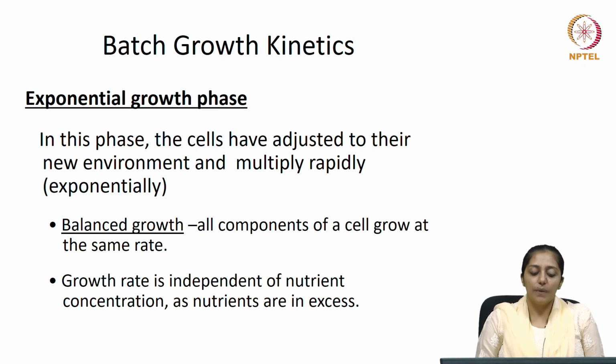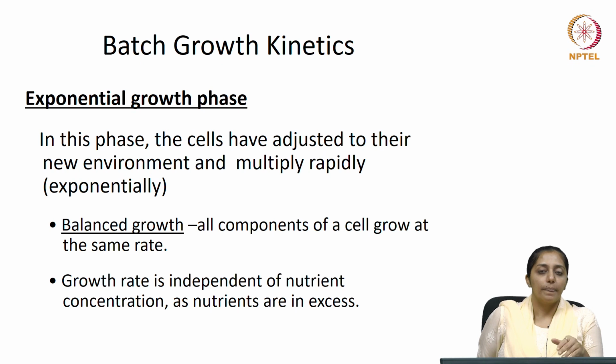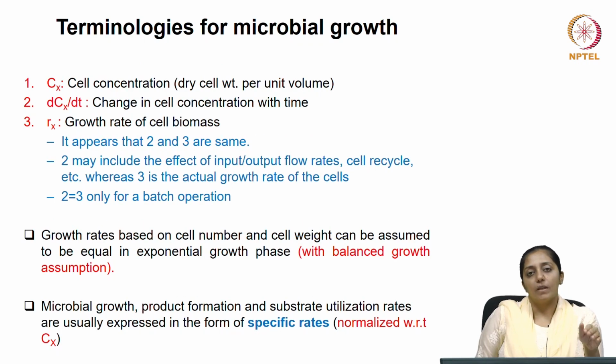And here is when growth rate is independent of nutrient concentration, as nutrients are present in excess. Which means the cell is growing at its maximum specific growth rate. Now, as the cell is growing in the exponential phase, the substrate will continue to get depleted.